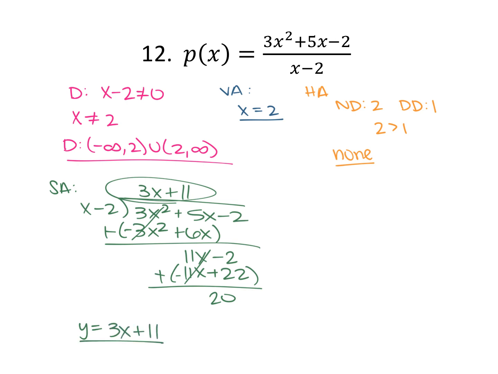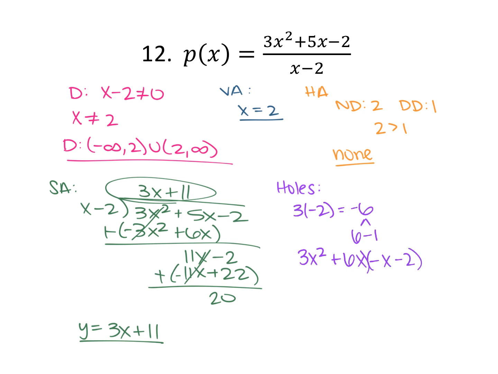Next, you find your holes. You are going to factor the numerator and the denominator here. This numerator, you have 3 and -2. So 3 times -2 is -6. Your factors of -6 that add to be 5 are 6 and -1. So we're going to rewrite this as 3x squared plus 6x minus x minus 2.